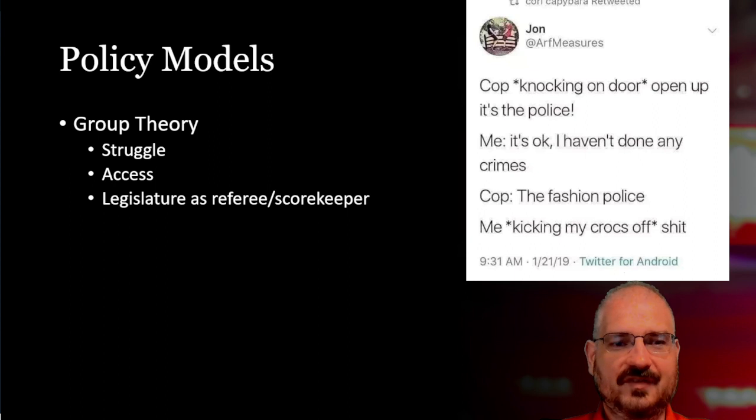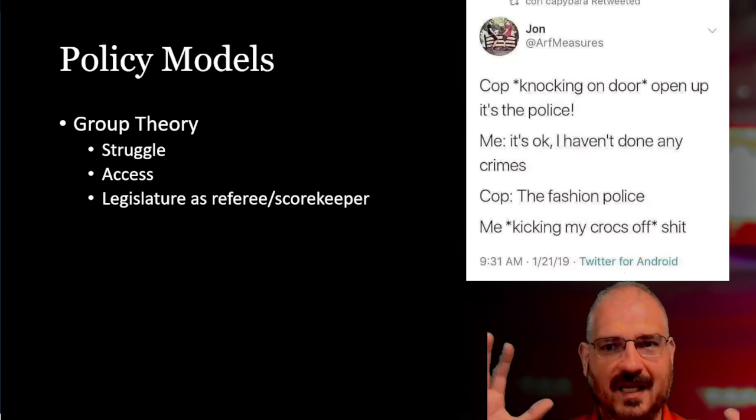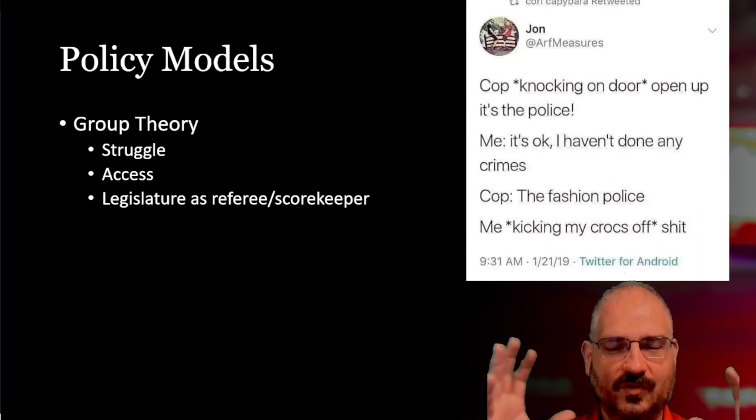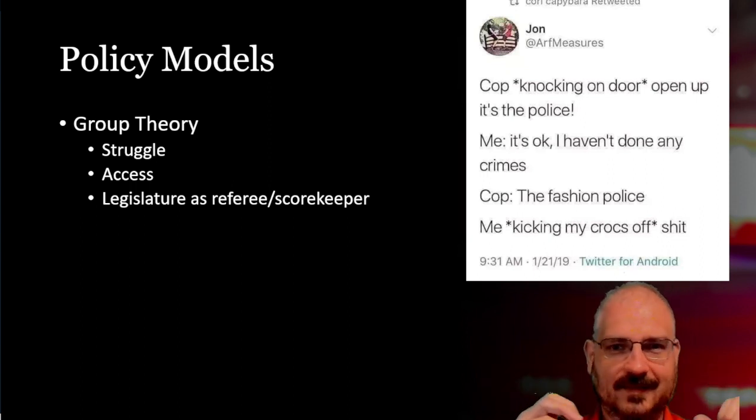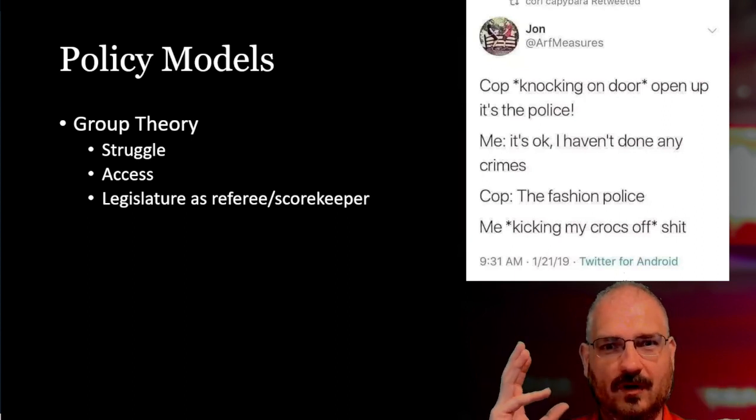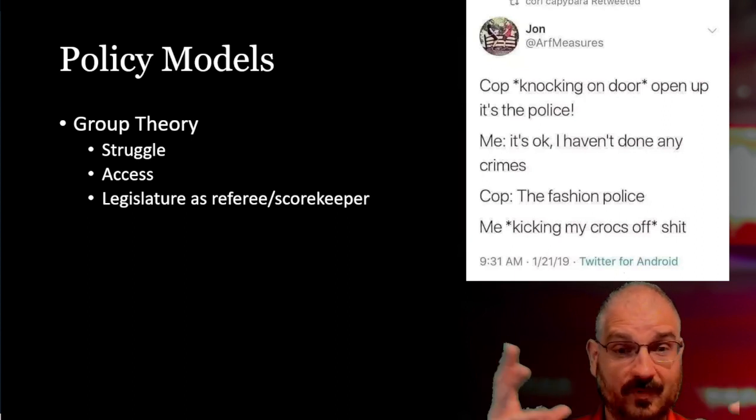So group theory sees a lot of how policy is done as a matter of access. Which groups have access to legislatures or the president or the courts? Which groups are those policymakers listening to? Which groups are they siding with? Everything is coming in as a struggle between these groups, and one group is going to have more access or less access, or more money or less money, or more membership or fewer members.